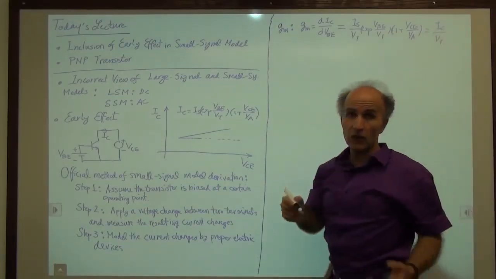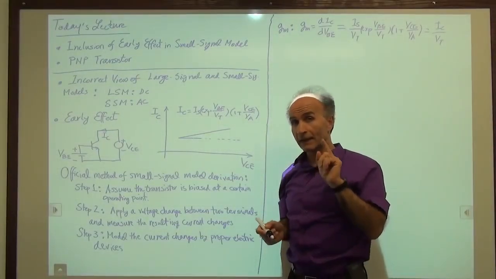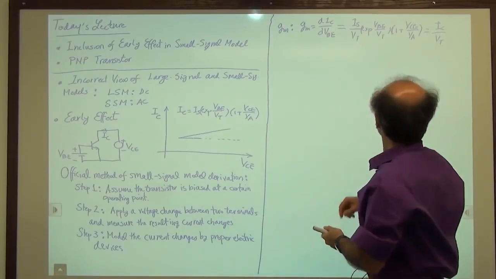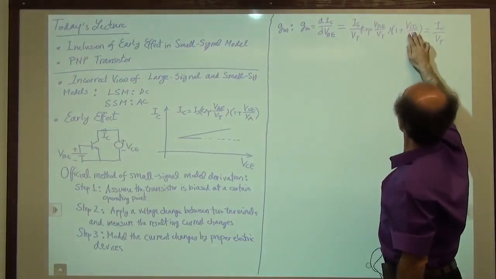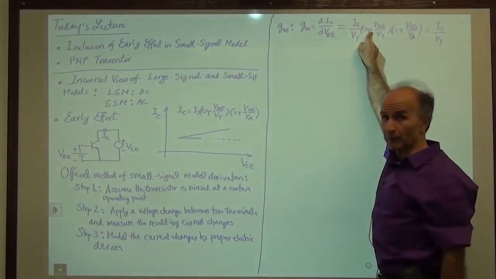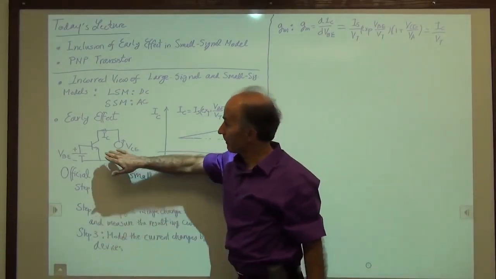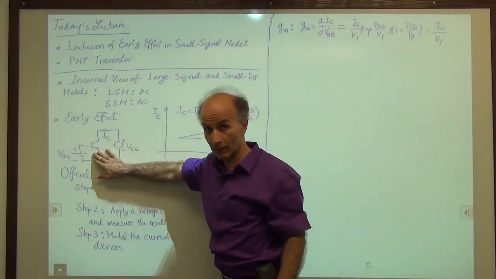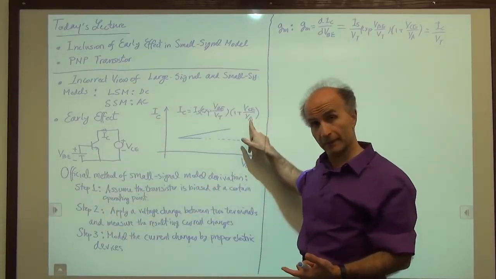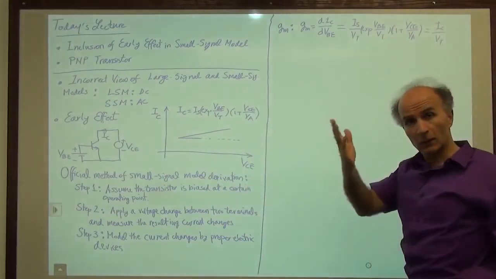So fortunately, the gm itself hasn't changed, even though we have early effect, so long as we remember that the collector current calculated in the gm equation is the current obtained using early effect, right? So this IC is this entire expression, not just IS exp of VBE over VT. So that's all we need to remember. In other words, when we are calculating the bias conditions of the device, we have to remember that it still has early effect. So for bias conditions, we have to use this equation, right? All of it. And then we find an IC, we take that IC, divide by VT, we have gm, we're good.